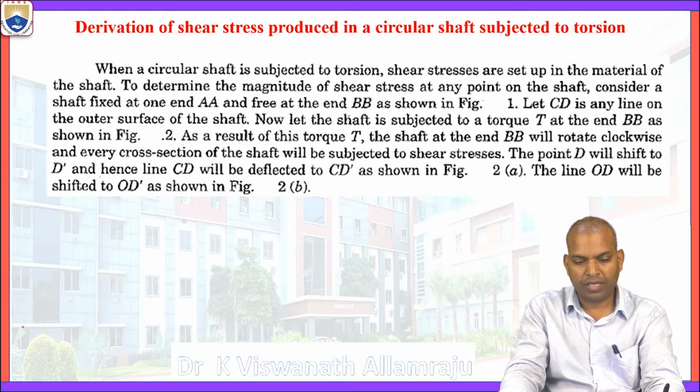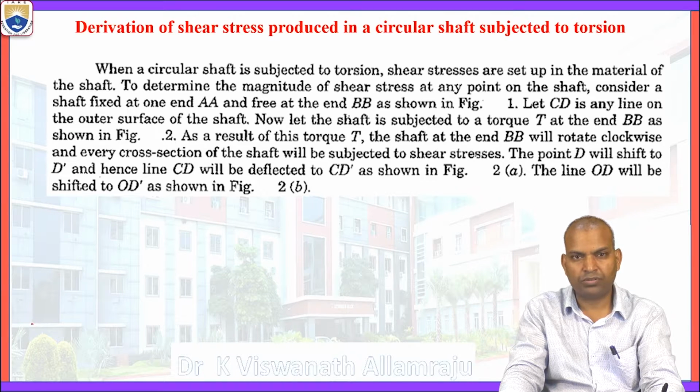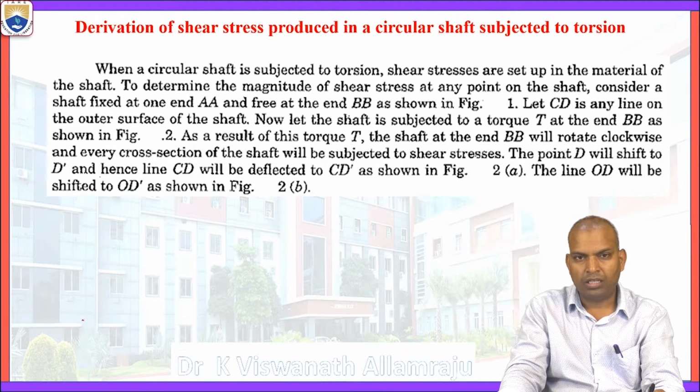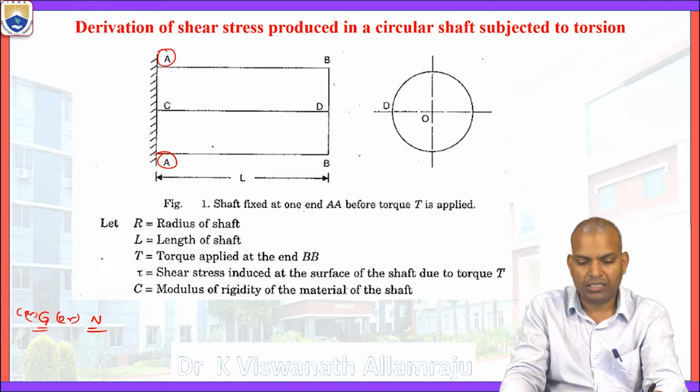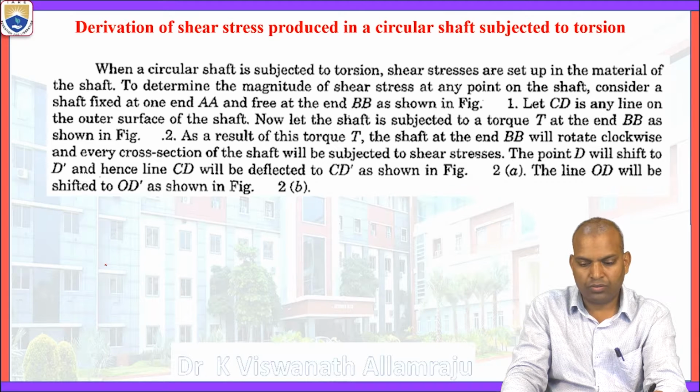Now, when a circular shaft is subjected to torsion, shear stresses are set up in the material of the shaft. To determine the magnitude of the shear stress at any point on the shaft, we consider figure A, the shaft fixed at end AA and free at section BB.